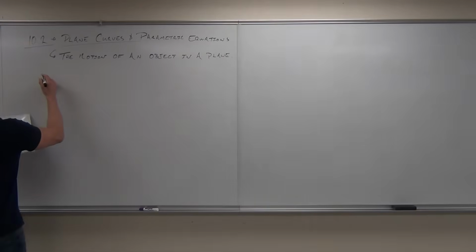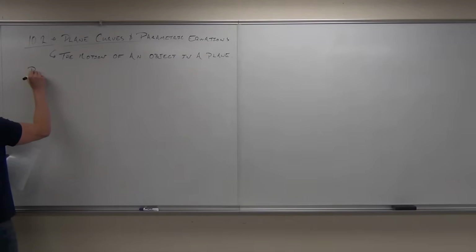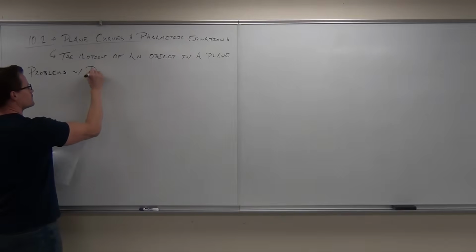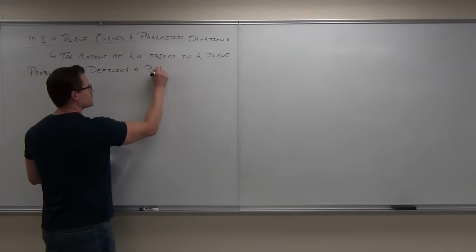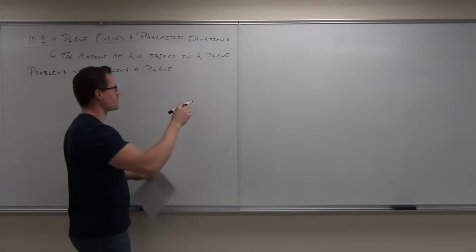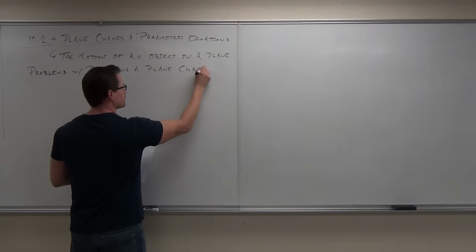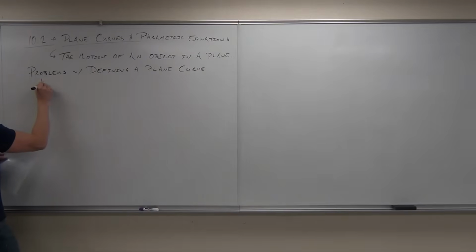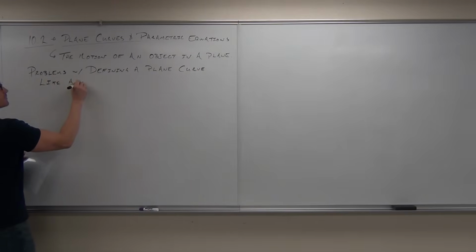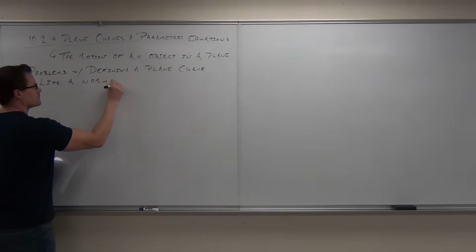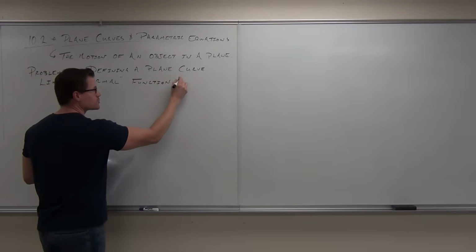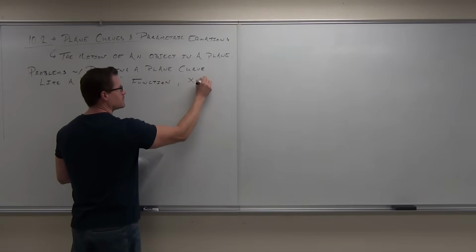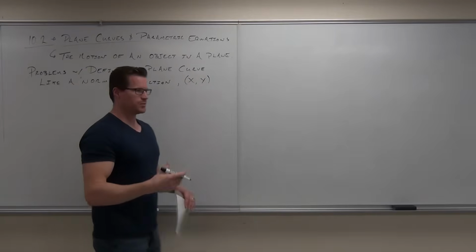So there are a few problems with defining a plane curve, the motion of an object in a plane, like a normal function. And what I mean by that is a function in terms of x and y. That's typically what we do, right?